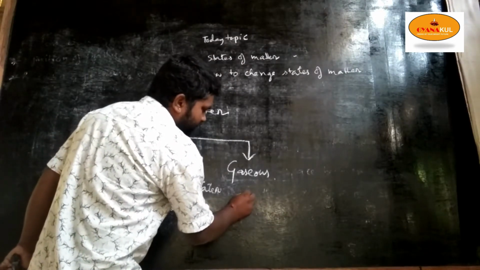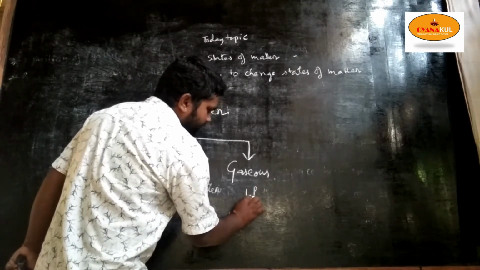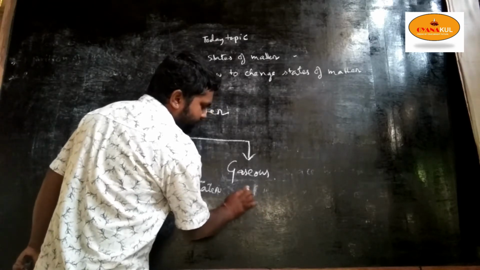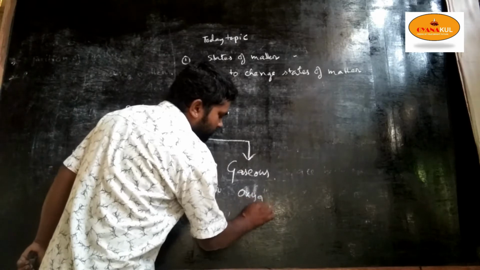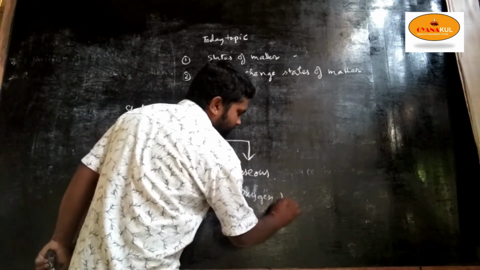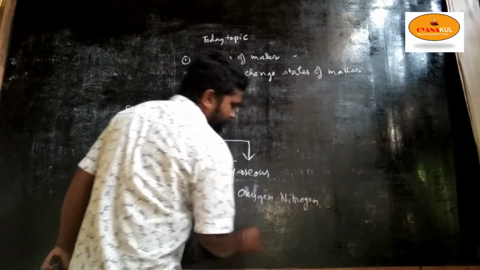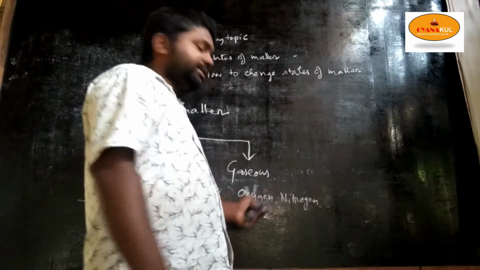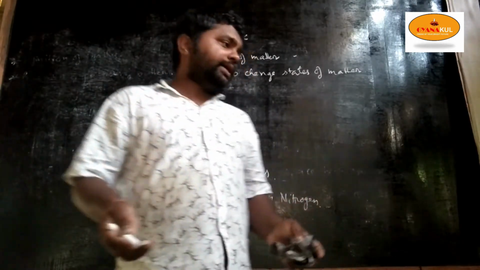Examples are LPG, which is liquefied petroleum gas, so I will write that afterwards. Gases are oxygen, nitrogen, carbon dioxide. A lot of examples are coming to your mind, I think.